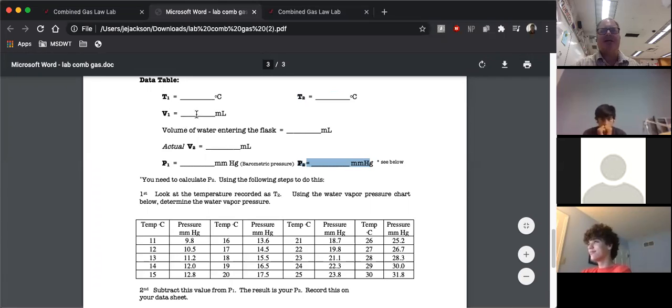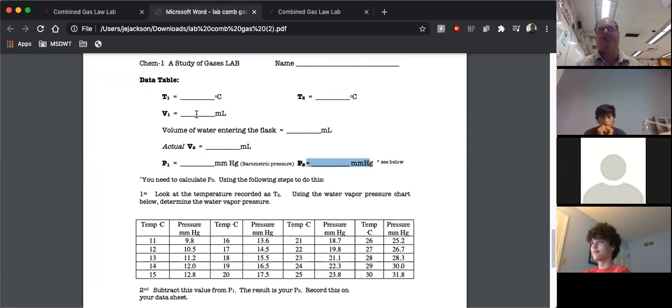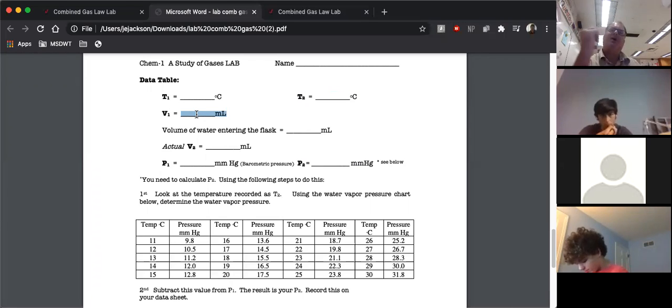And the very last thing, the thing that you would normally be used to finding very quickly, would be volume, because you would just measure it on there. The problem is we're using these flasks that don't have an actual measurement on there. So you've got to actually pour water into them and then pour those into a graduated cylinder to measure it. So I think these volumes are going to be the hardest thing to find.